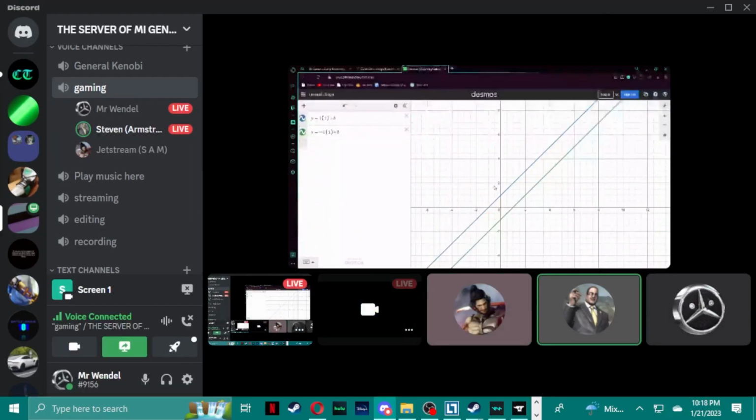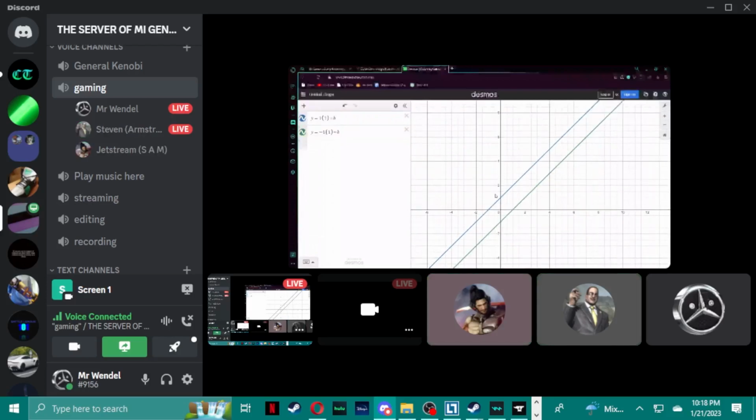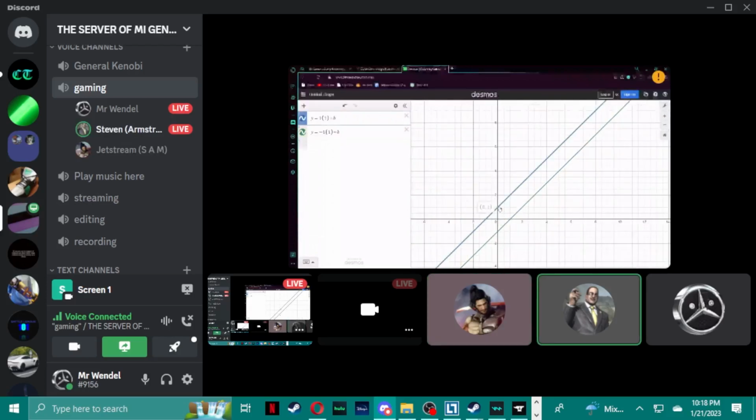Here we have two lines. One has a y-intercept of 1, and one has a y-intercept of -1. The one at 1 starts, theoretically, closer to positive infinity. Would I be wrong in saying that 1 is closer to positive infinity than -1?